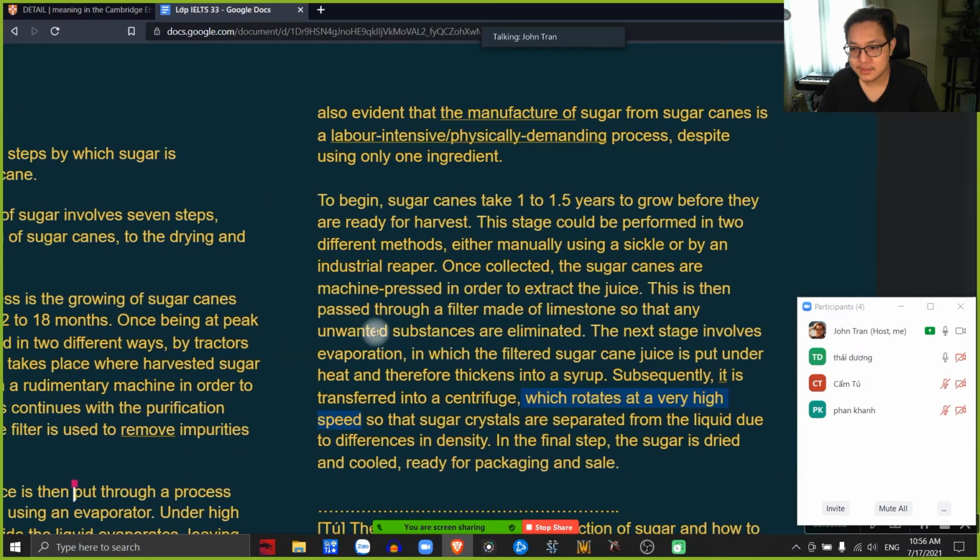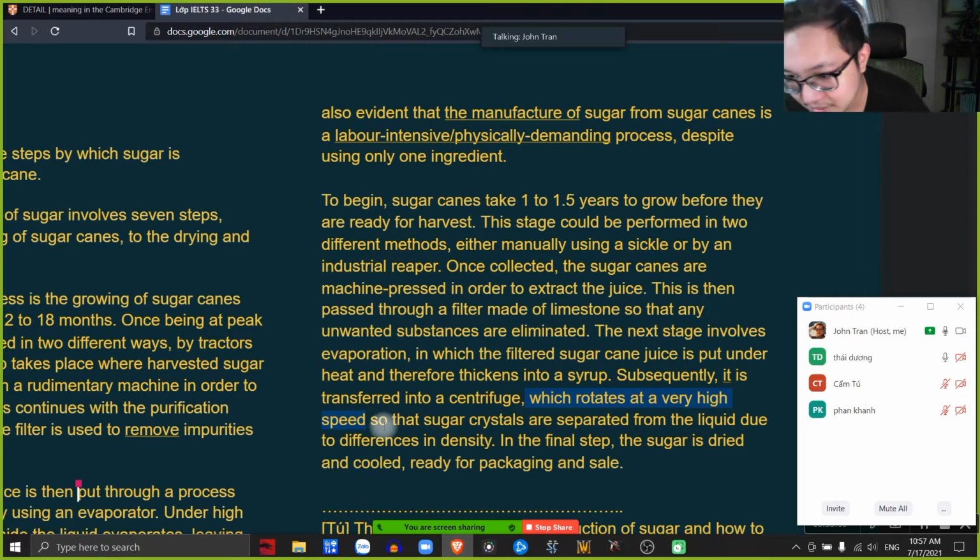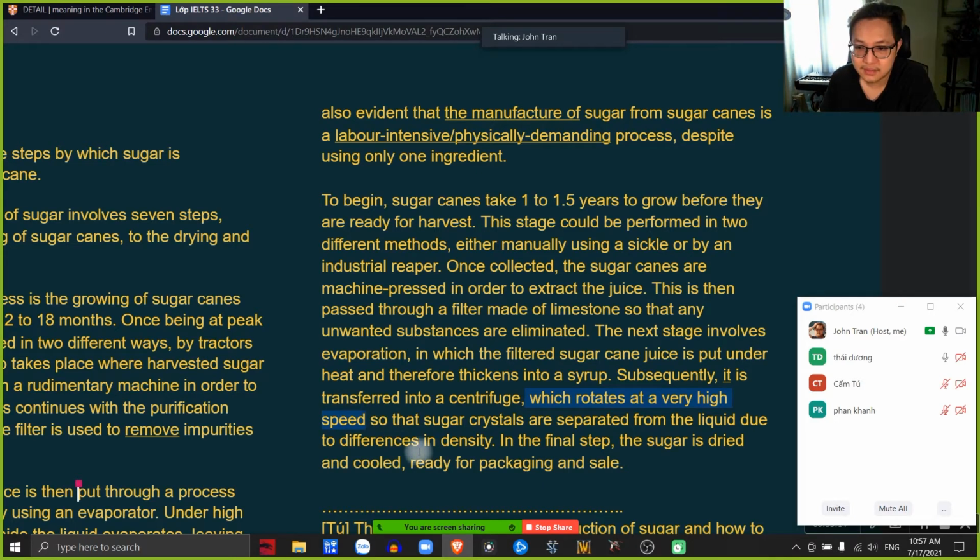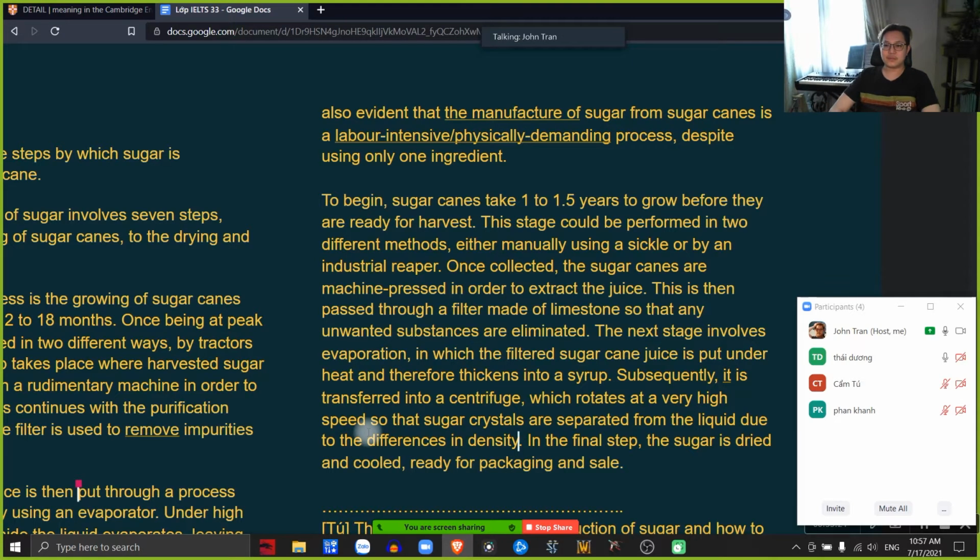Now, rotate at a very high speed so that sugar crystals are separated from the liquid due to differences in density. Mà trong đó nó quay với tốc độ vòng quay rất là cao, mà trong đó những tinh thể đường được tách ra từ cái chất lỏng do là sự khác nhau về cái khối lượng riêng.